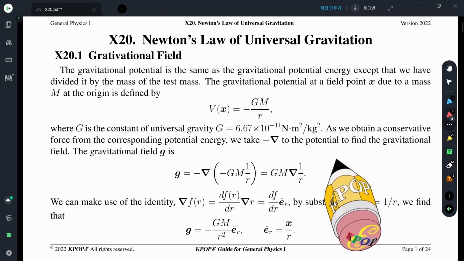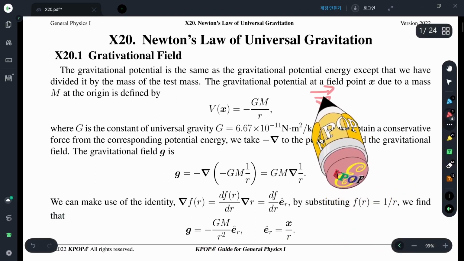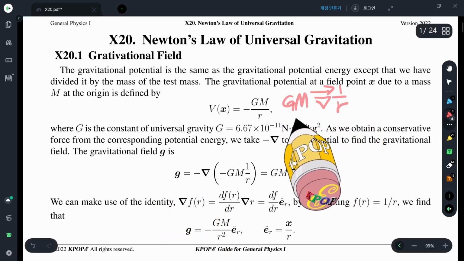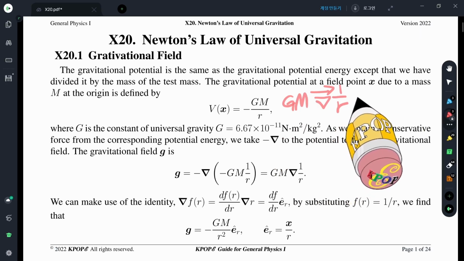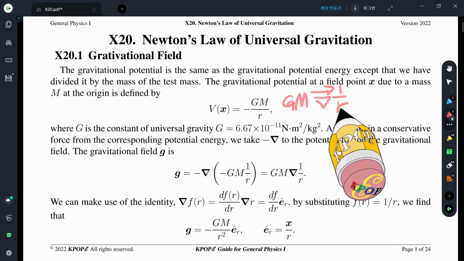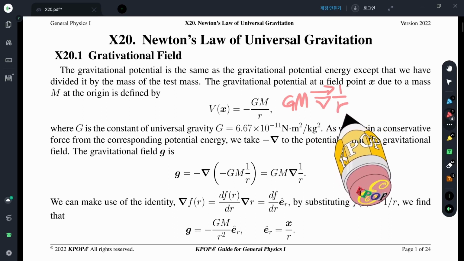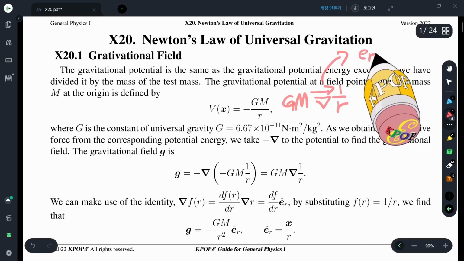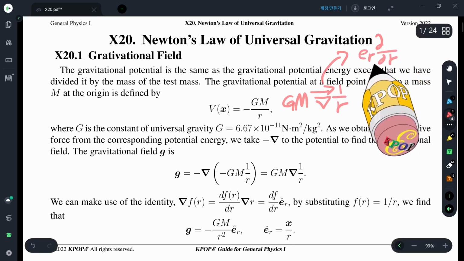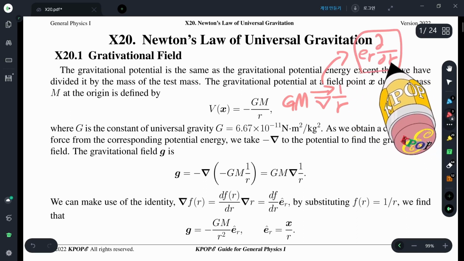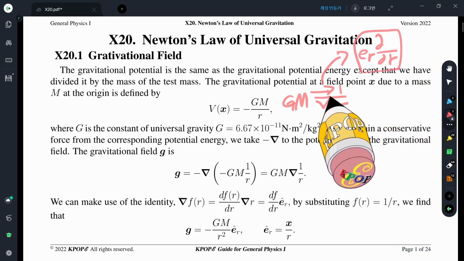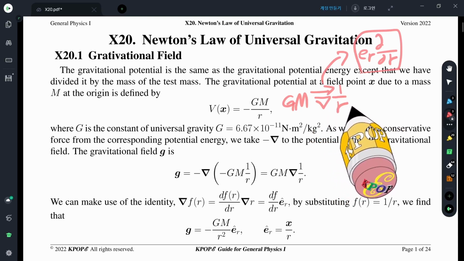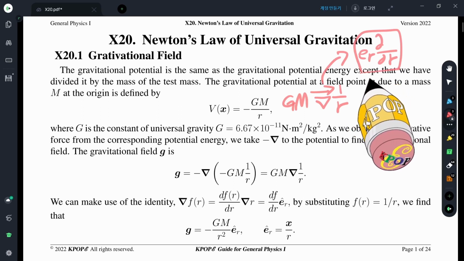We know the gravitational field is GM times this one. We can make use of the chain rule, and we find it is a function of radius r only. So this gradient can be effectively written in this form. The angle theta and phi dependence disappears in the derivative. So the gradient operator applied to a function of a radius r only can be written in this form.